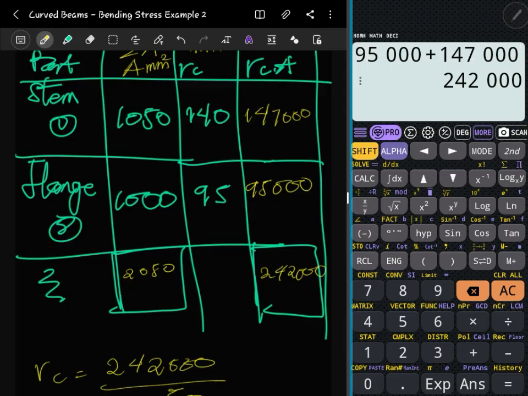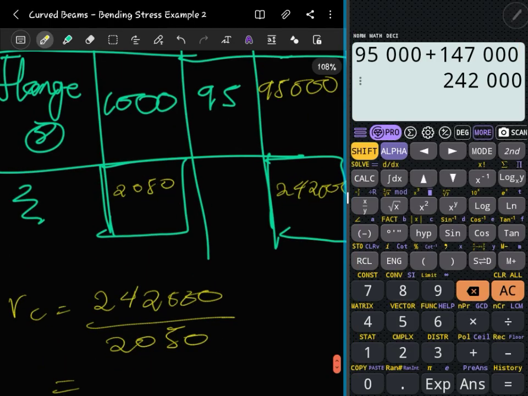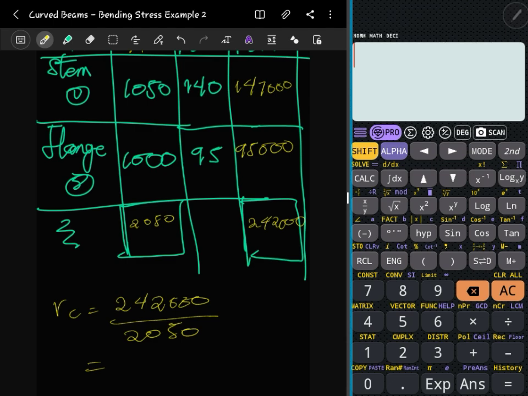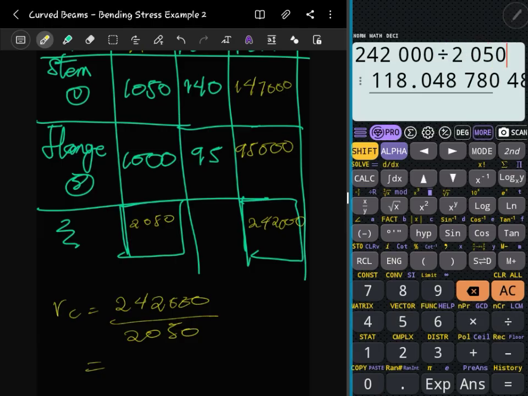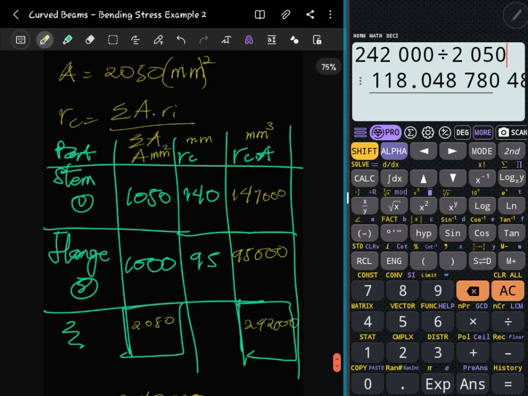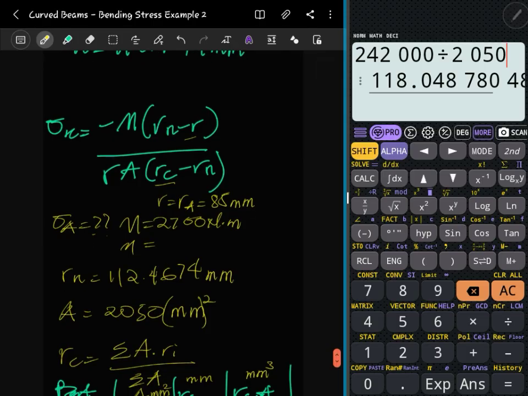So this is 242,123 divided by 2050, and that gives us about 118.0488. So now that we have all that we need, we can find the stress at point A.